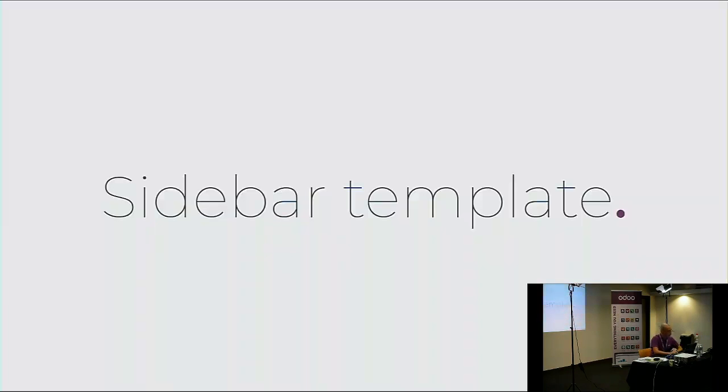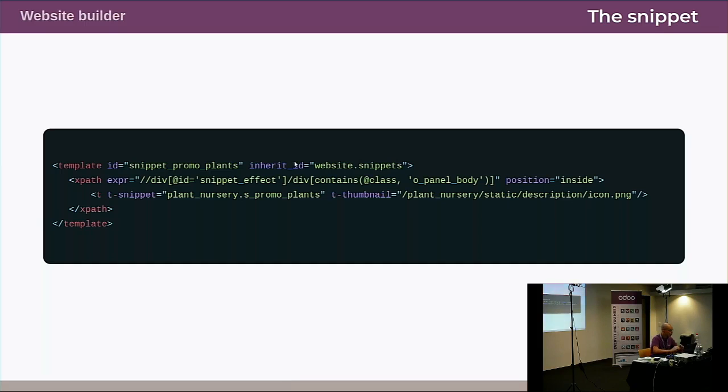Then what you need to do is to add something in the sidebar. As I explained earlier, we use this inheritance principle that is used widely in Odoo. To do that, when you create the template, you specify that you want to inherit specifically website.snippets.